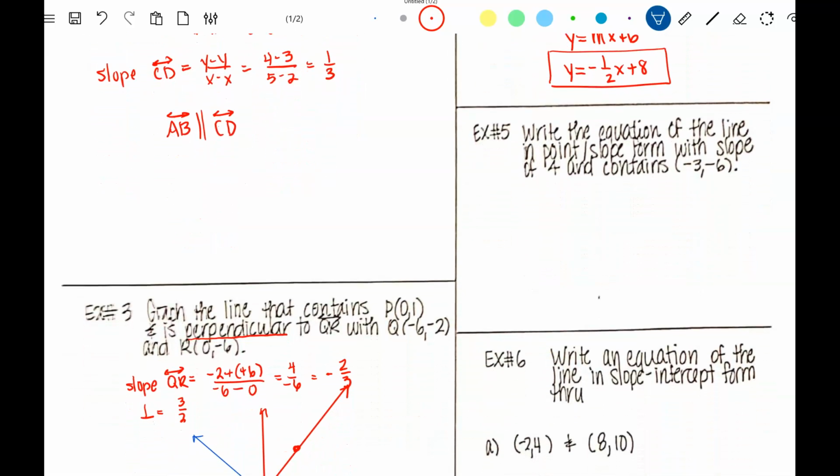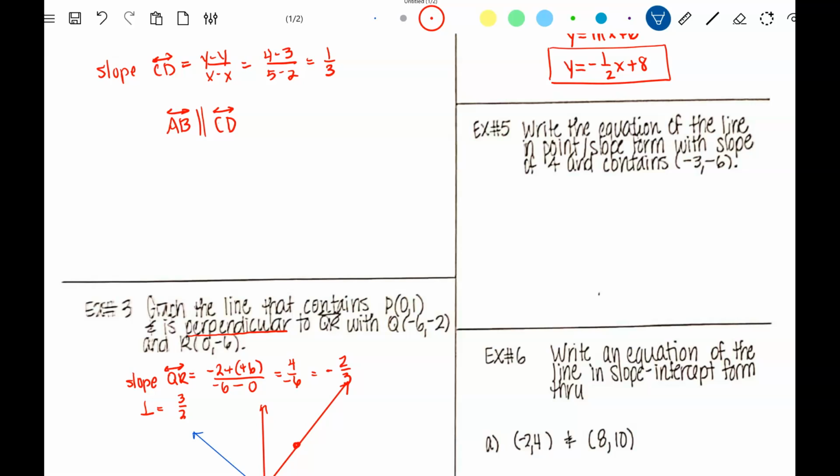Number 5 says write the equation of the line in point-slope form with the slope of 4 and contains -3, -6. So point-slope form, y minus y1 equals m times x minus x1. So instead of y1, I'm going to put -6, y minus -6. Instead of m, I'm going to put 4, and instead of x1, I'm going to put -3.